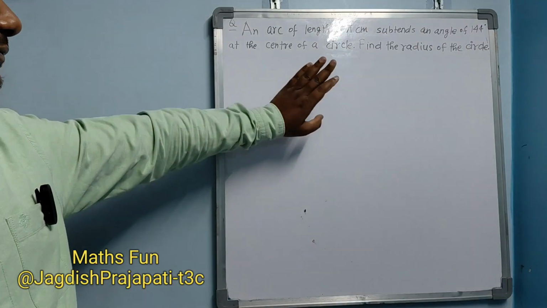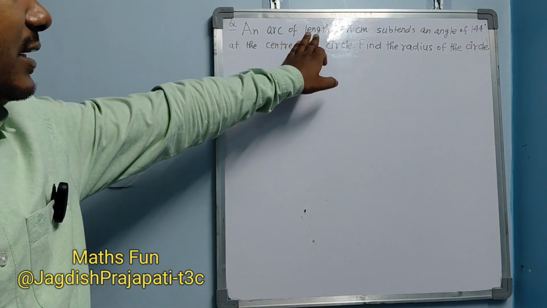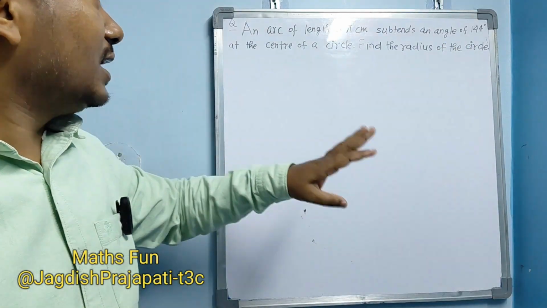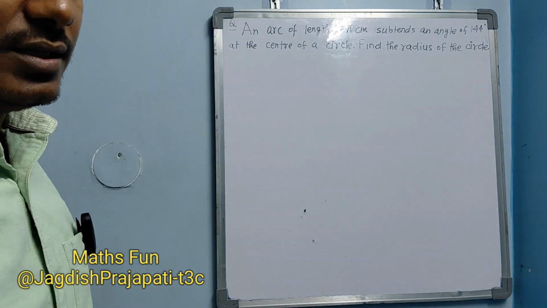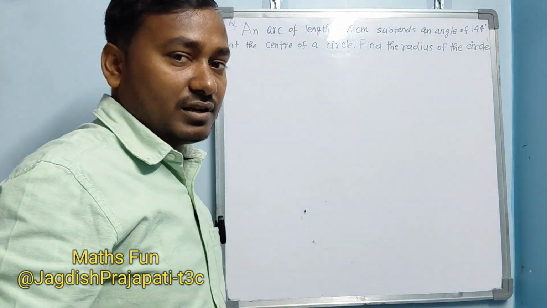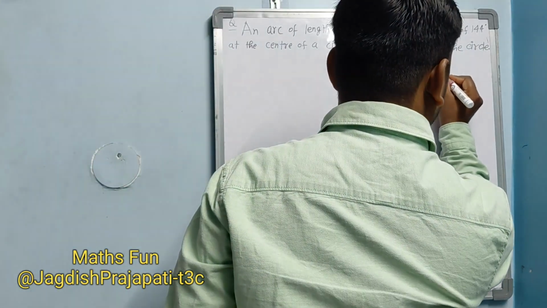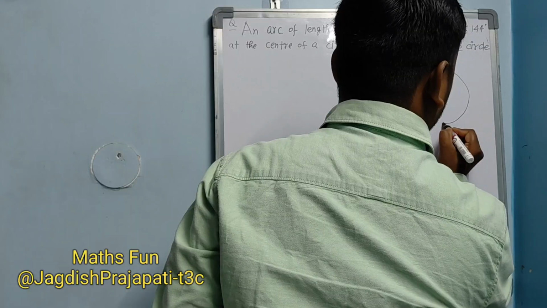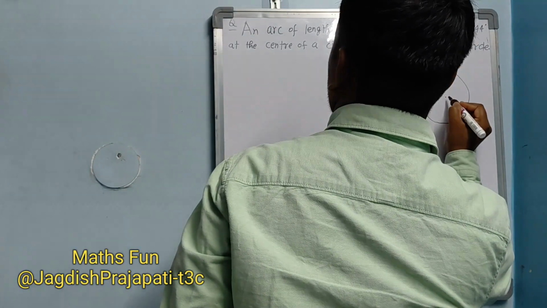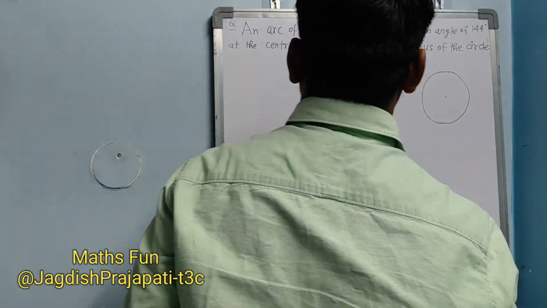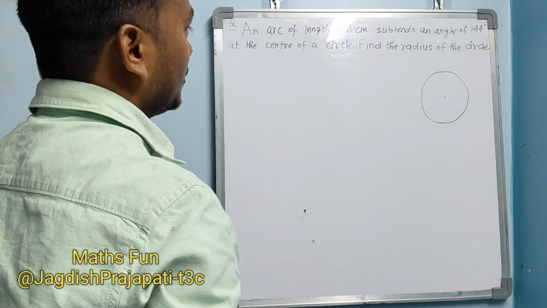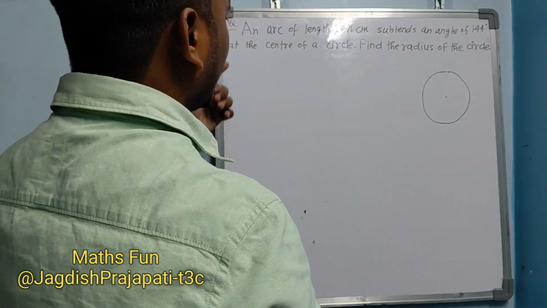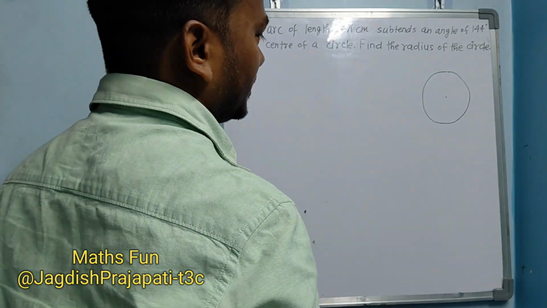So now we have to answer this question. It is given that an arc length of 25 centimeters subtends an angle of 144 degree at the center of a circle. So let us visualize it. So this is a circle. Its radius is not known, we have to find that. But it is given that an arc length of 25 centimeter.